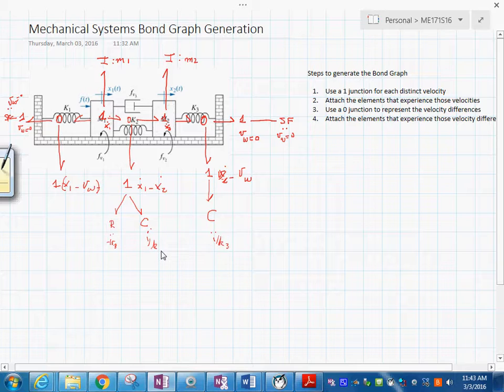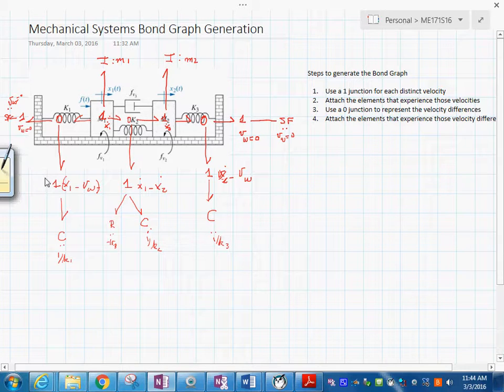this basically allows us to complete the bond graph model, except that there's one thing that I'm noticing right now. Do you see this element over here, this one, and then this one? It talks about the friction between these two.